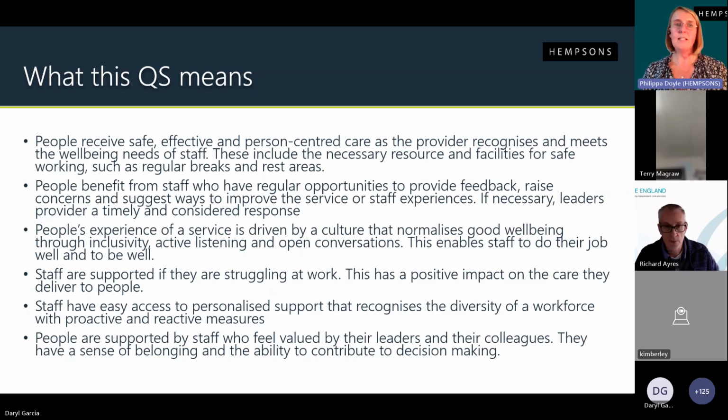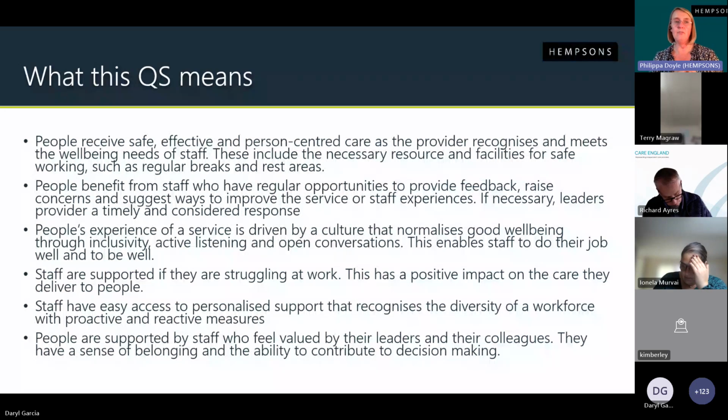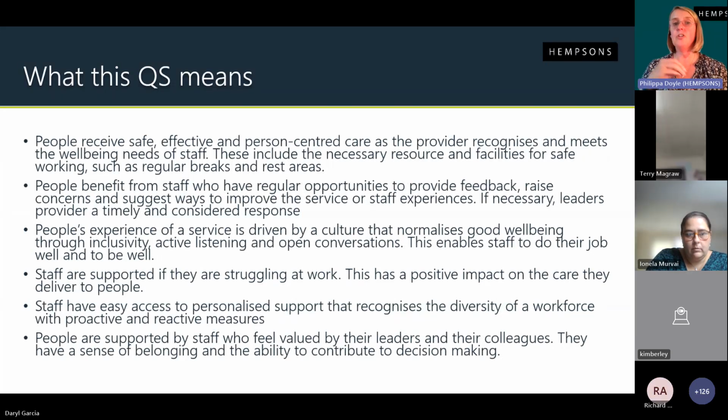So there's lots of detail there about what that quality statement means and what CQC are looking for within your organisation. So they're looking to see that the people that you support are receiving safe, effective, and person-centred care because you as a provider are recognising and meeting the wellbeing needs of your staff. So you're not making people work 12-hour shifts without a break.